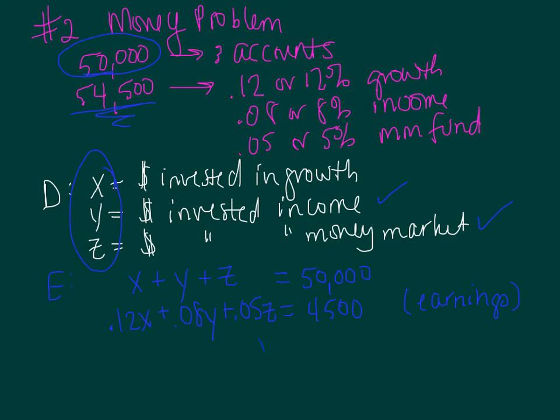Well, they put twice as much into the income fund. So Y has more money in it than Z does by twice as much. Okay? All right, so we have 3 equations written. That bottom equation doesn't have all the variables in it, but that's okay.